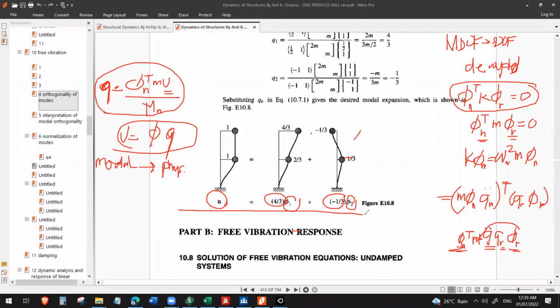Okay? So we were able to find the value of Q that we need to transform from the modal coordinates to the physical coordinates.